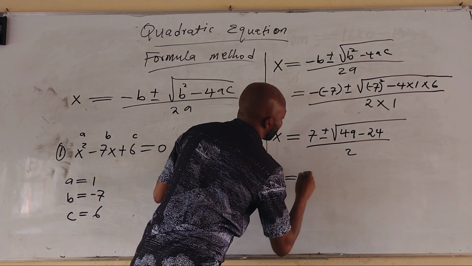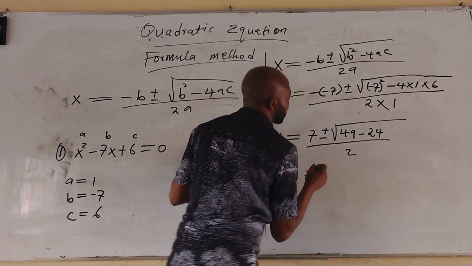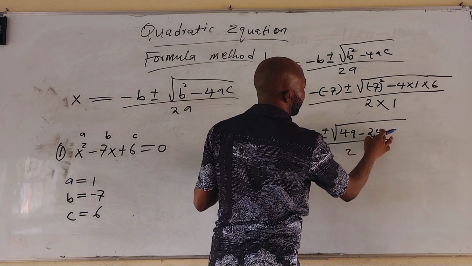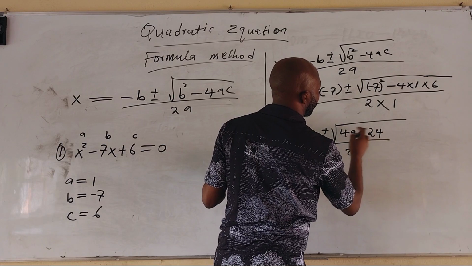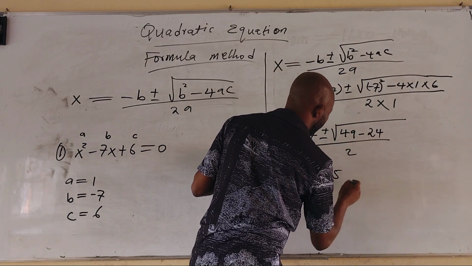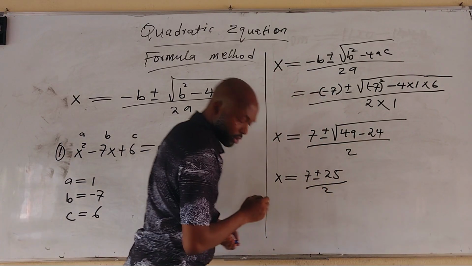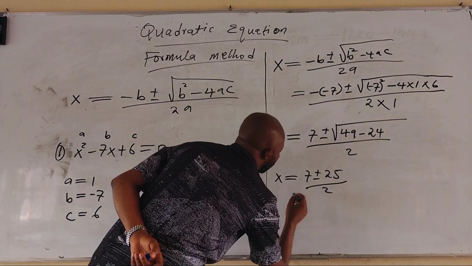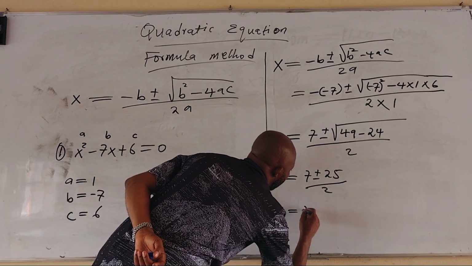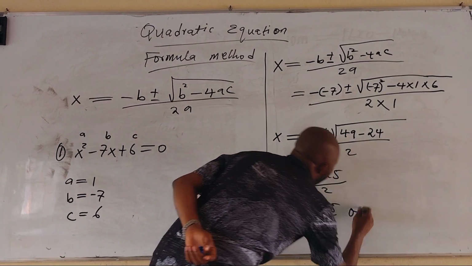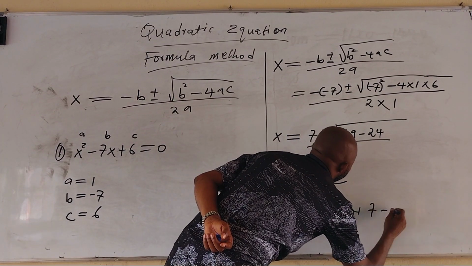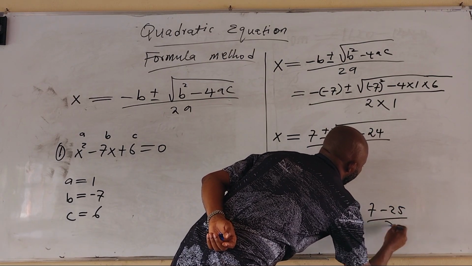So my x is equals to 7 plus or minus the root of 49 minus 24, which is 25, over 2. So this means x is equals to 7 plus the root of 25 over 2, or 7 minus the root of 25 over 2.